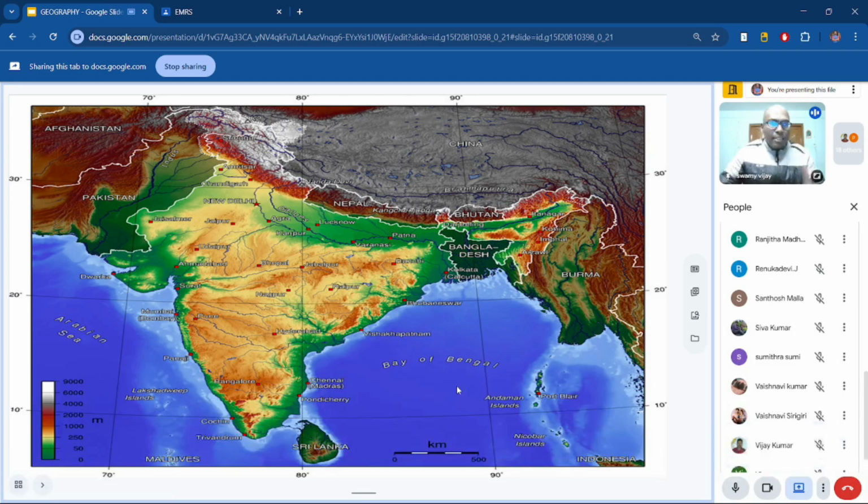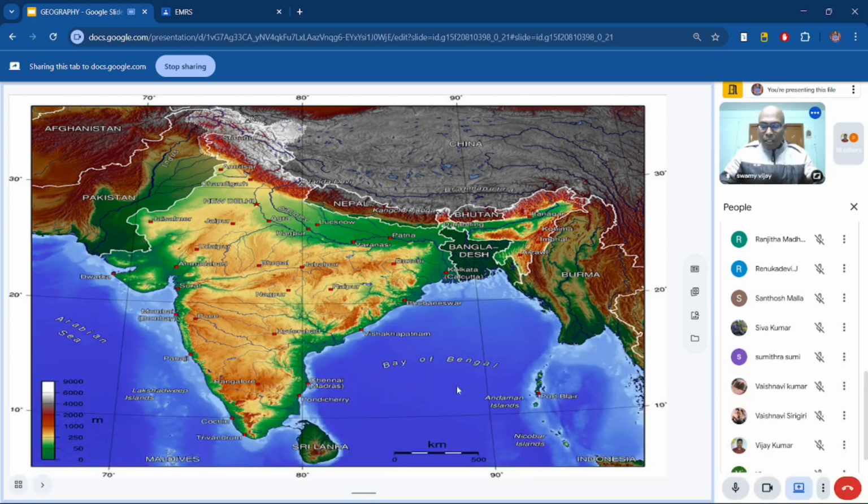It is 7 countries, note it down. Which one is the 8th country? Some say 9 countries, some say 8 countries.